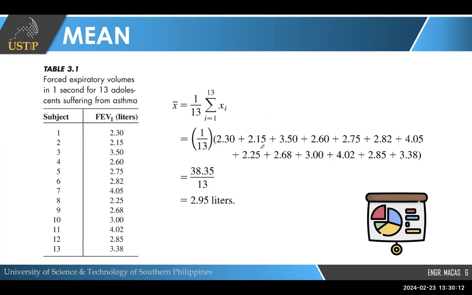So for example, this table 3.1 here is the forced expiratory volumes in 1 second for 13 adolescents suffering from asthma.